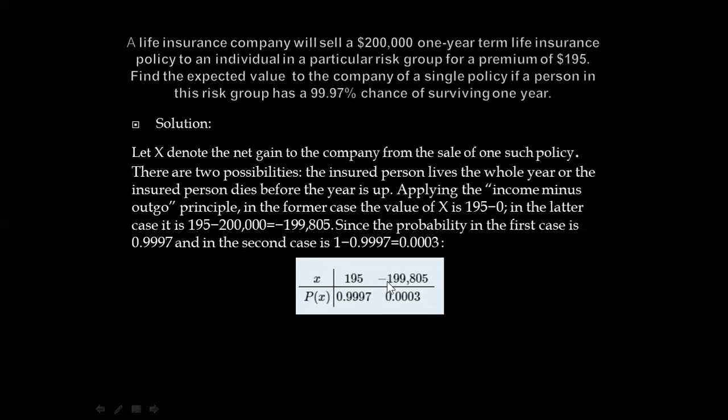On the other hand, if x is equal to the premium sold at 195 minus 200,000, this gives us negative $199,805, with the respective probability of 0.0003.